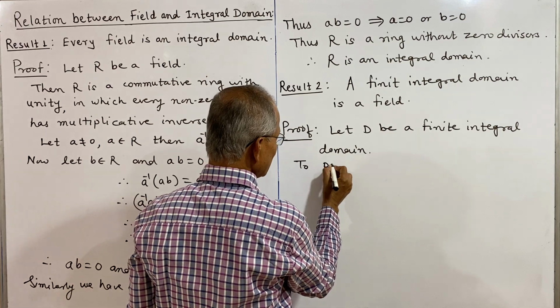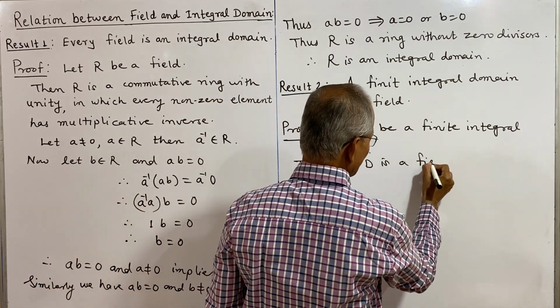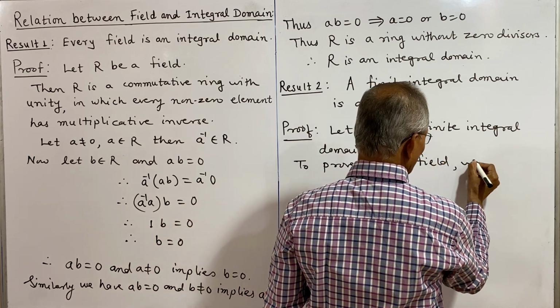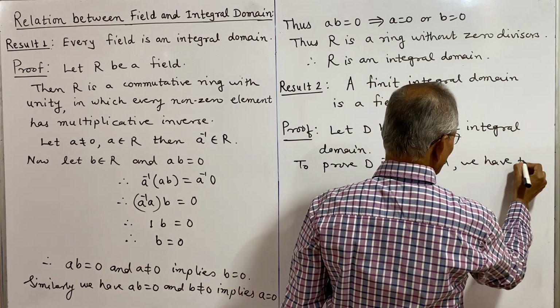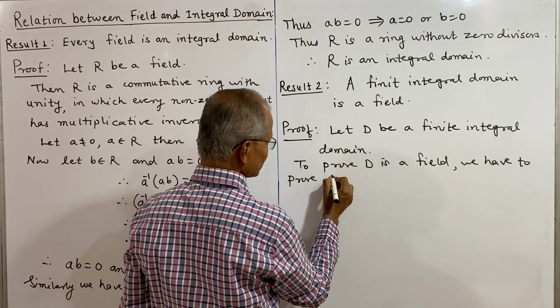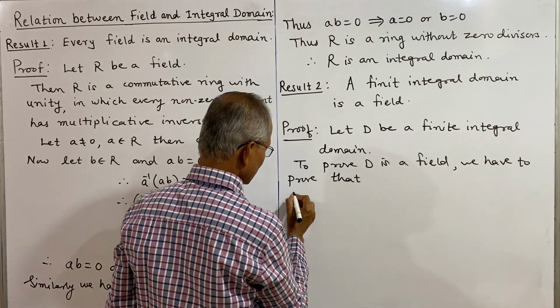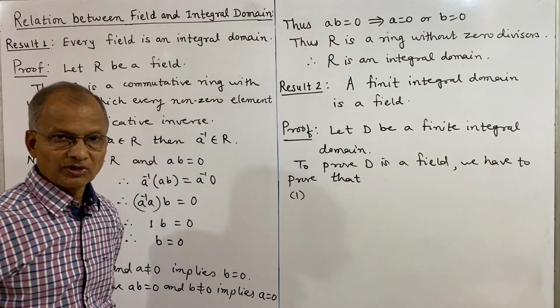To prove D is a field, we have to prove the first result: D has a unit element.